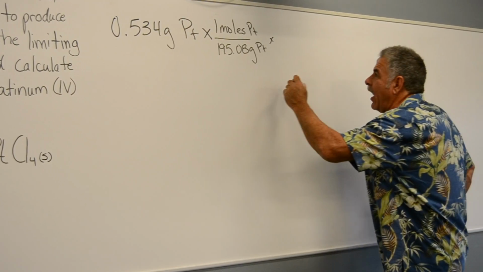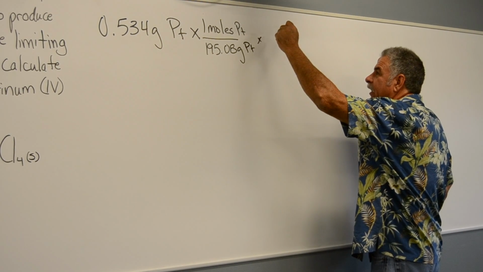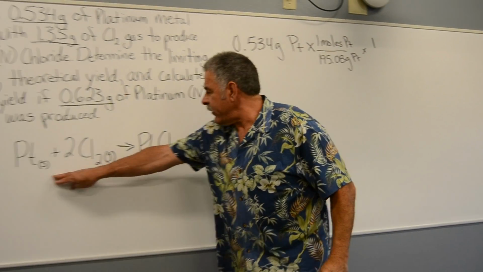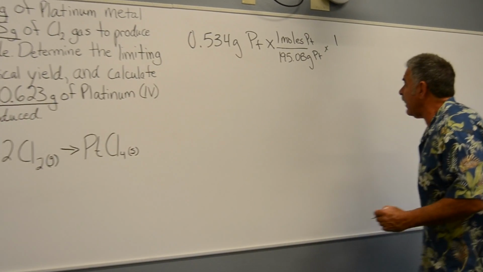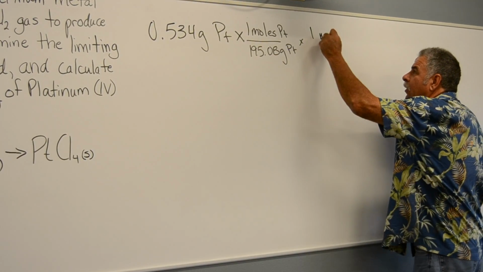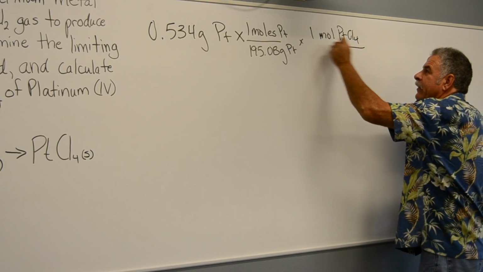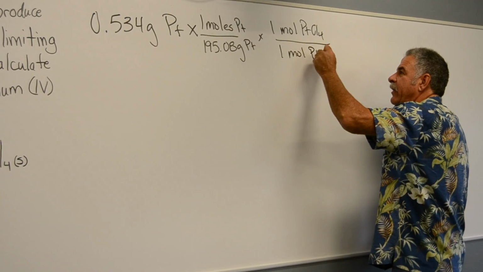You'll hear me say that a lot. You probably already heard me say it a lot by the time you watch this video. So we have to look at the ratio of platinum to platinum 4 chloride, and that is a 1-to-1 relationship. So 1 mole of platinum 4 chloride equals 1 mole of platinum.